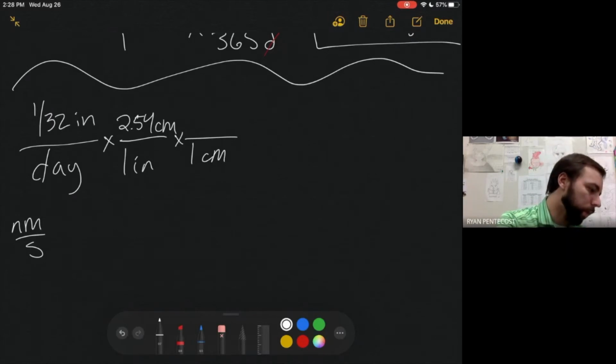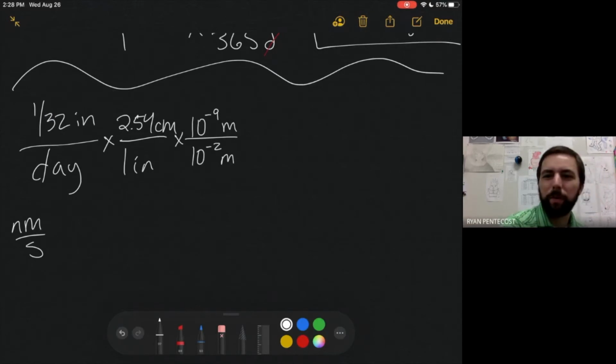So the easiest way to do this, in my opinion, is to do it in meters. So we have centimeters on bottom, right? 1 centimeter is 10 to the negative second meters. And a nanometer is 10 to the negative 9th meters, right?